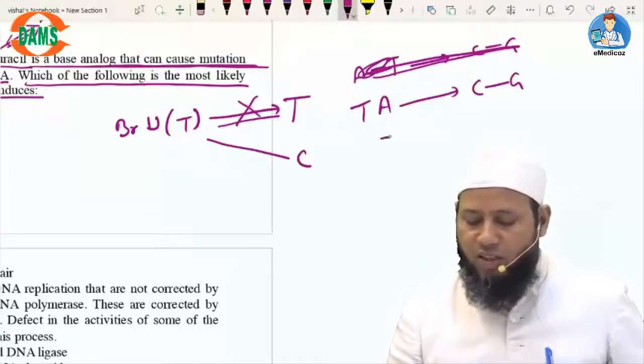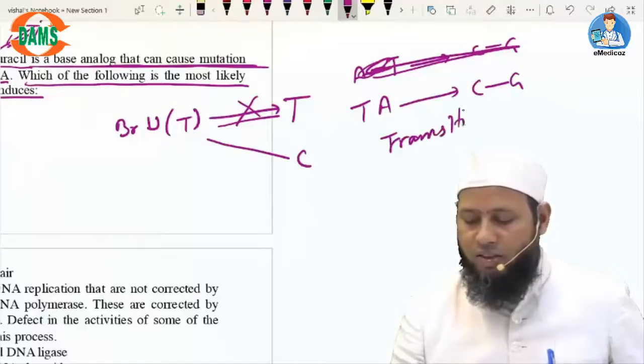So that is the kind of transition mutation. It causes the transition mutation.